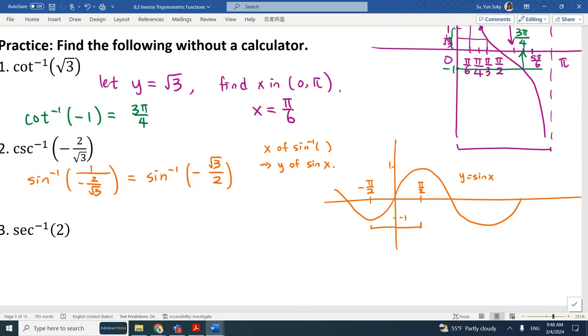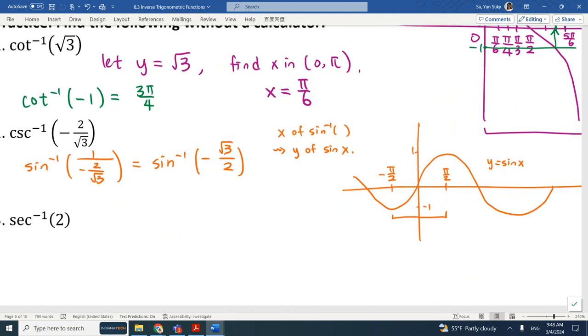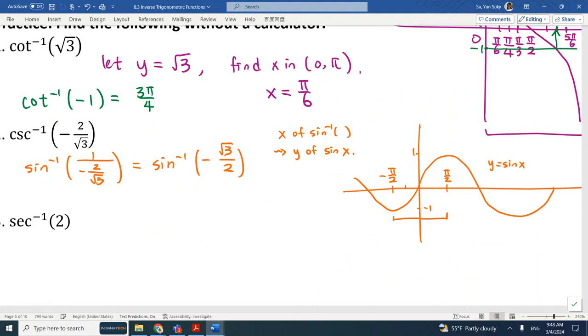If you draw this bigger, you now imagine the middle. The middle is negative pi over 4. It corresponds to the value negative root 2 over 2. And then you cut it into 3 pieces. This is negative pi over 6. It corresponds to negative 1/2. And this is negative pi over 3. It corresponds to negative root 3 over 2.